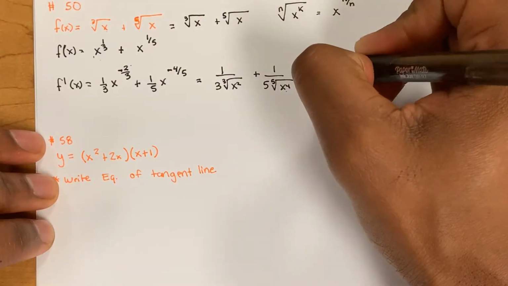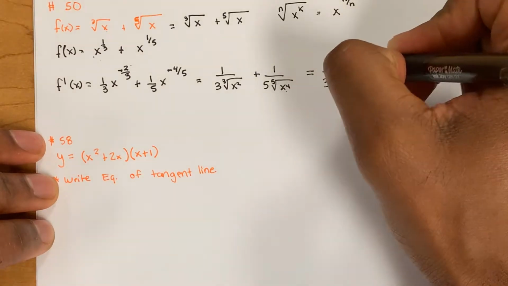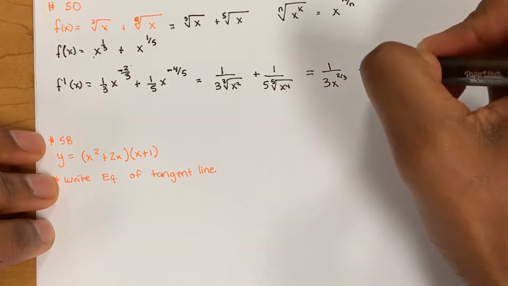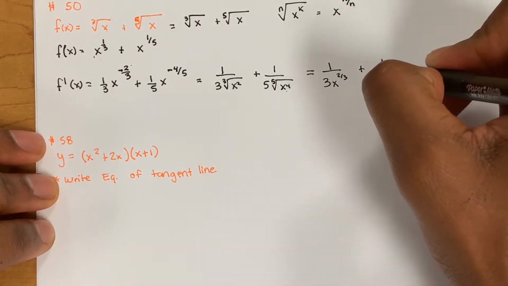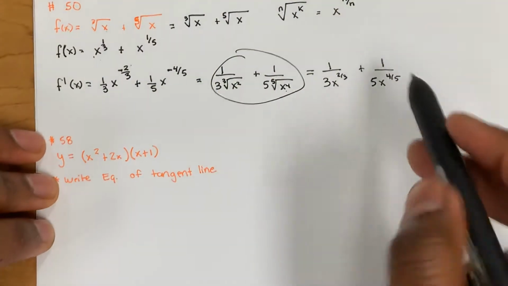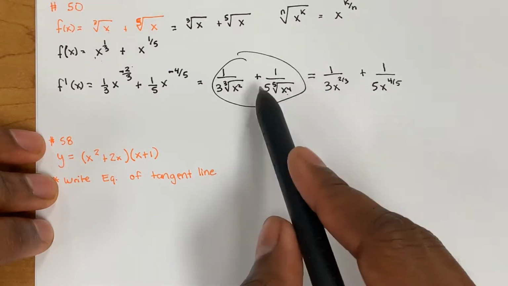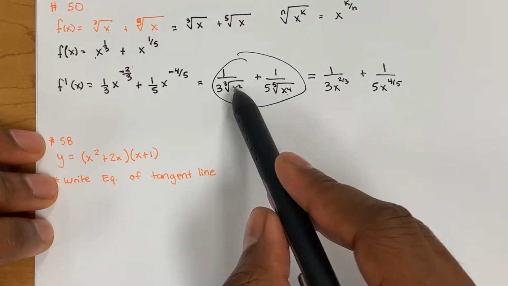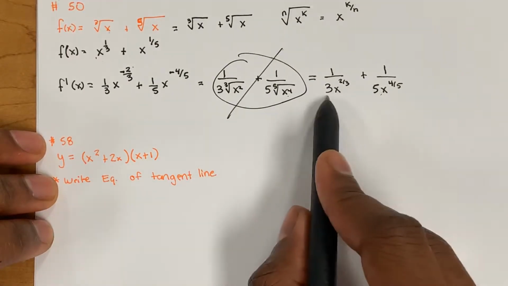We should actually just leave it as 1/3 x to the 2/3 plus 1/5 x to the 4/5. We don't want to use the radicals because in calculus, having rational exponents is more useful than having radicals. So don't do this. It's not incorrect. It's just this is preferable.